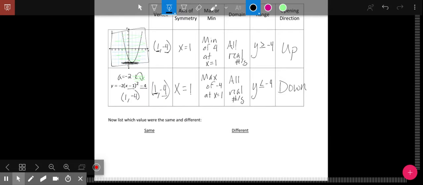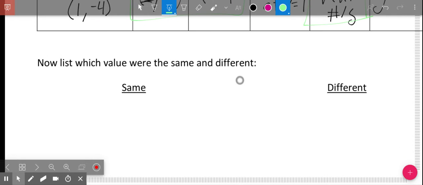All right, so now let's list which ones were the same or different. The only ones that were the same were the vertex, the axis of symmetry, and my domain. Everything else was different.